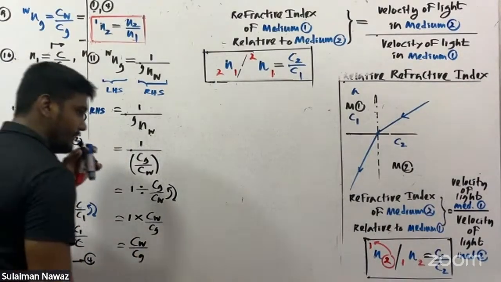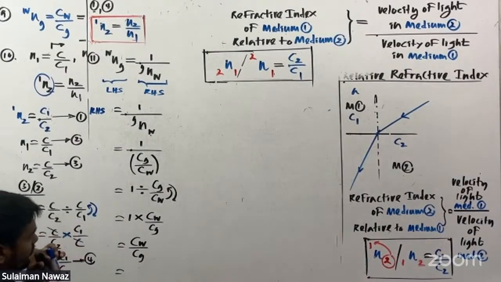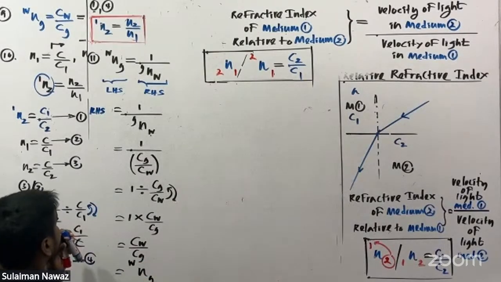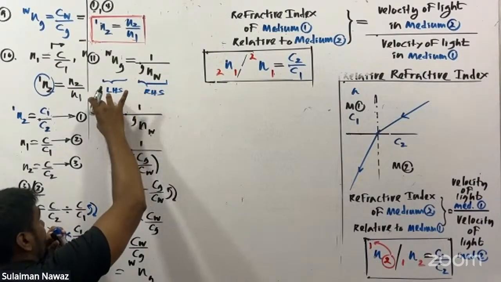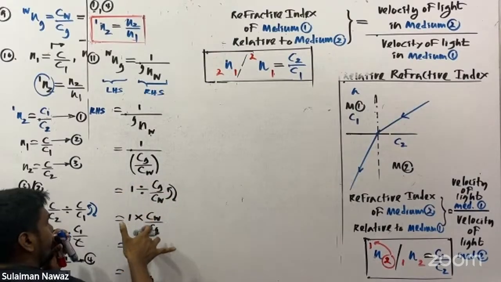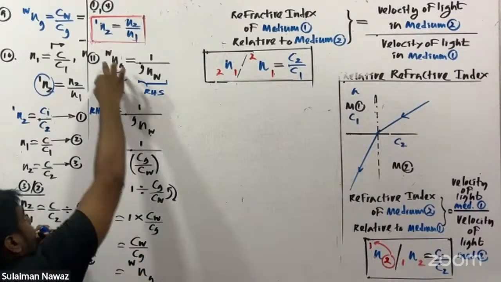C_W, C_G means what? We know top is water, bottom is glass. That means refractive index of glass relative to water. Start from the right hand side, and I did something, and ended with the left hand side: refractive index of glass relative to water.